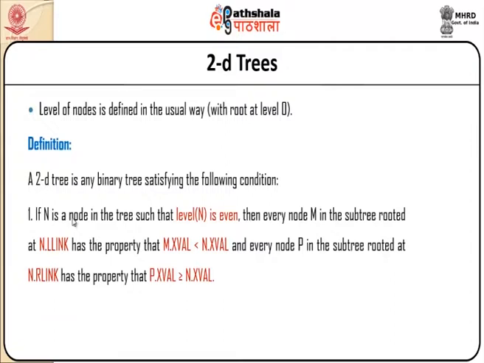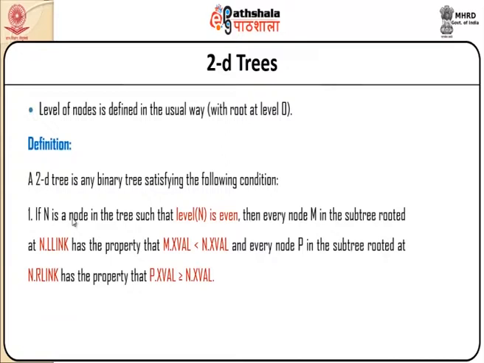If it is to be rooted at the left hand side of the root node, then the property must be that the x value of the newly added node should be less than the x value of the root node, and every node p in the subtree rooted at n dot R link, if it is to be rooted to the right hand side, then the property needs to be p dot x value greater than or equal to n dot x value.